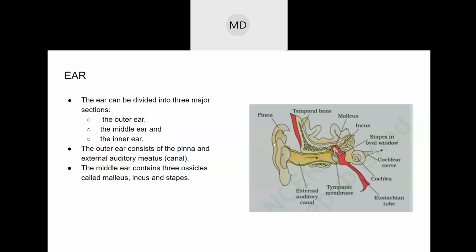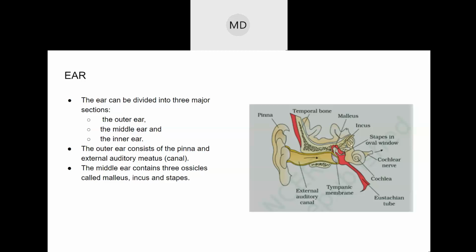Same way as for the eye, for the ear also the sound will travel and pass through all the stages. And like in the eye there is the optic nerve, in the ear there is the cochlear nerve. Then this nerve will transmit the signal to your brain. All right, so this structure is also very important.